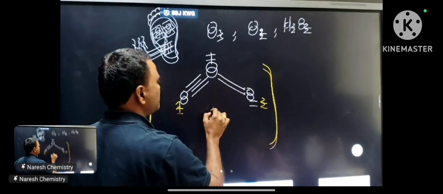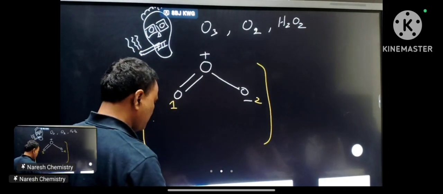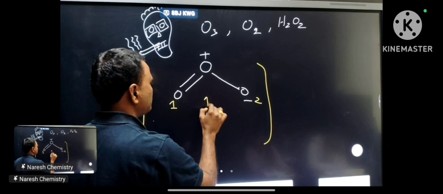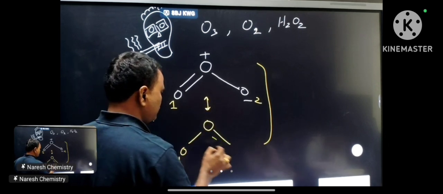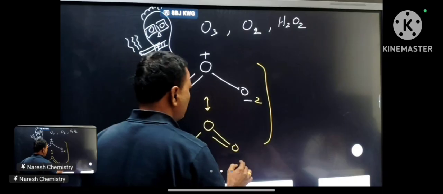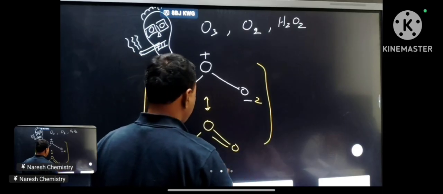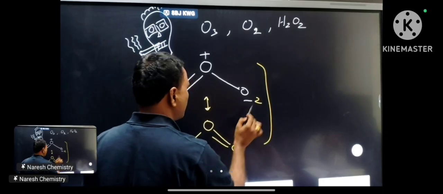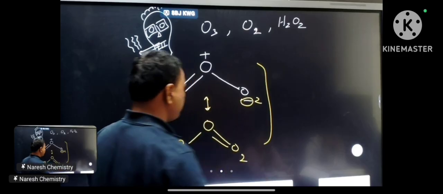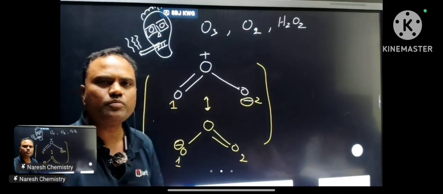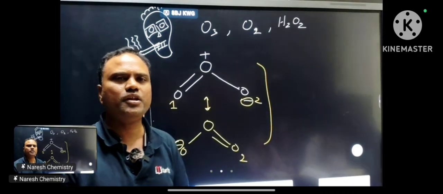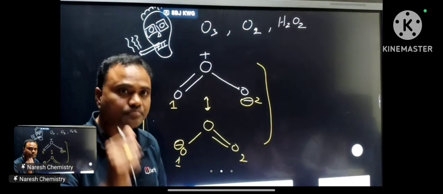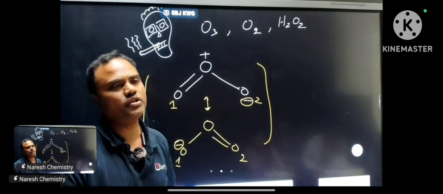So one resonating structure is possible. Second oxygen, right? Keep negative charge. How many resonating structures are possible for ozone? Two resonating structures are possible.